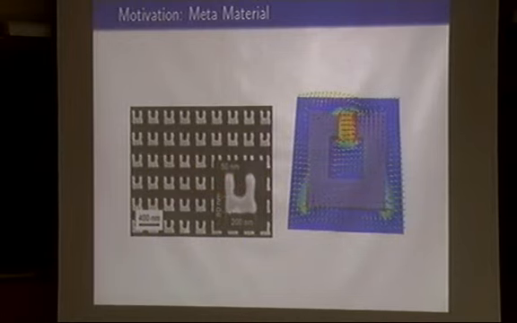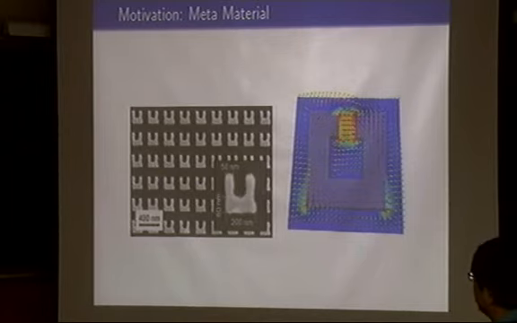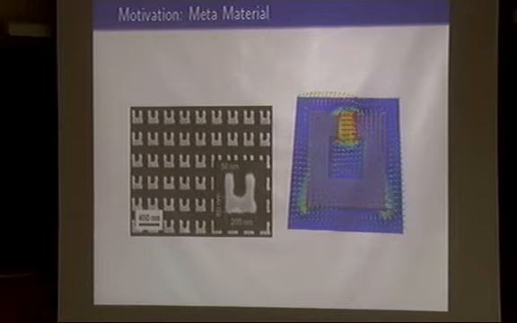We have to have very small discrete points, and then we have to calculate, for example, electromagnetic fields in this kind of area. You have sources such as currents, and then electromagnetic fields propagate inside this material. I will show you what it is later, just as a motivation.